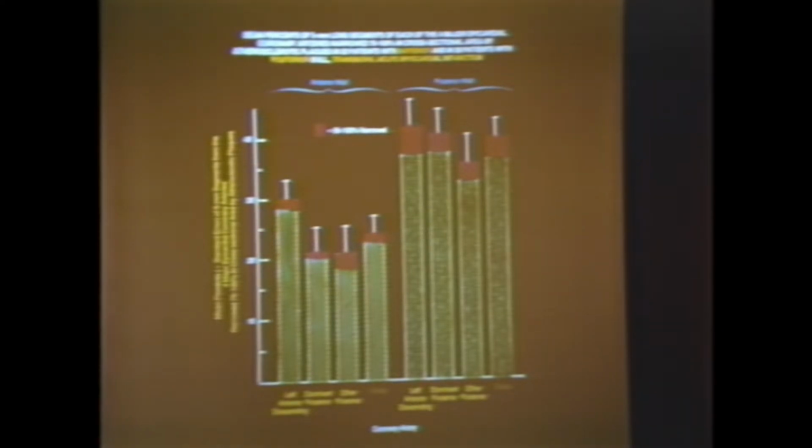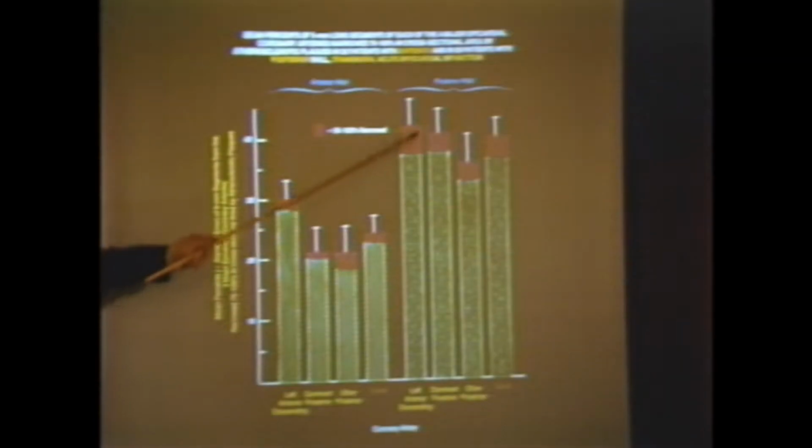The other question we asked in this study: does it mean if a patient has a posterior or inferior wall infarction that the right coronary artery is more narrowed than the other two? Or if one has an anterior wall infarction, does that mean that the left anterior descending artery is more narrowed by atherosclerotic plaque than the other two?